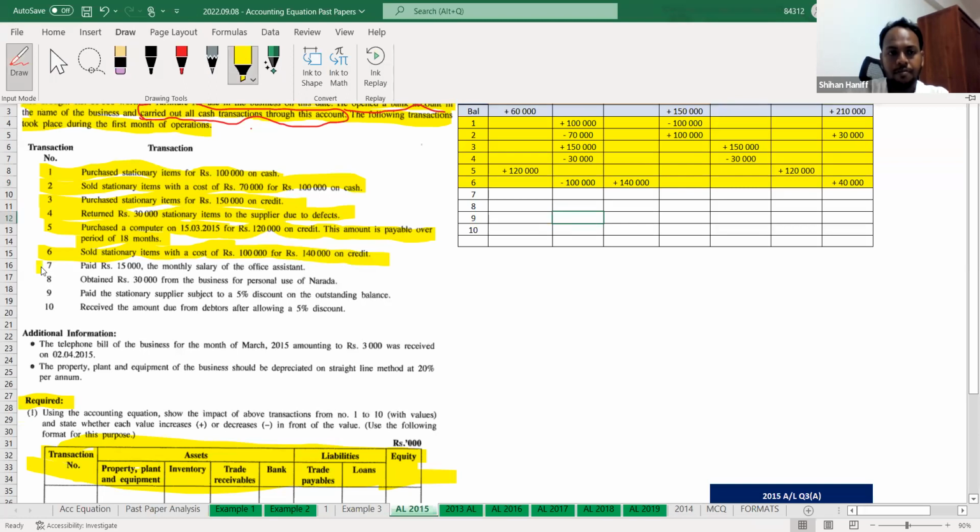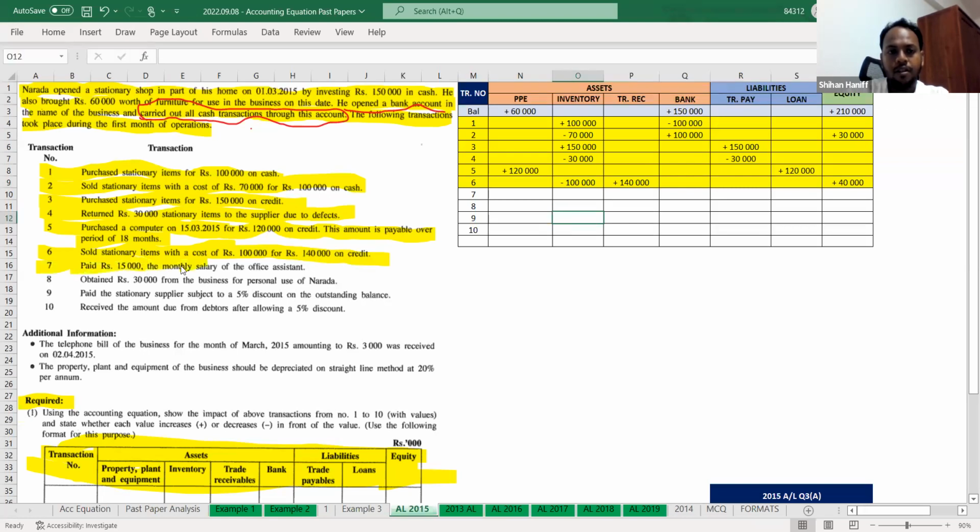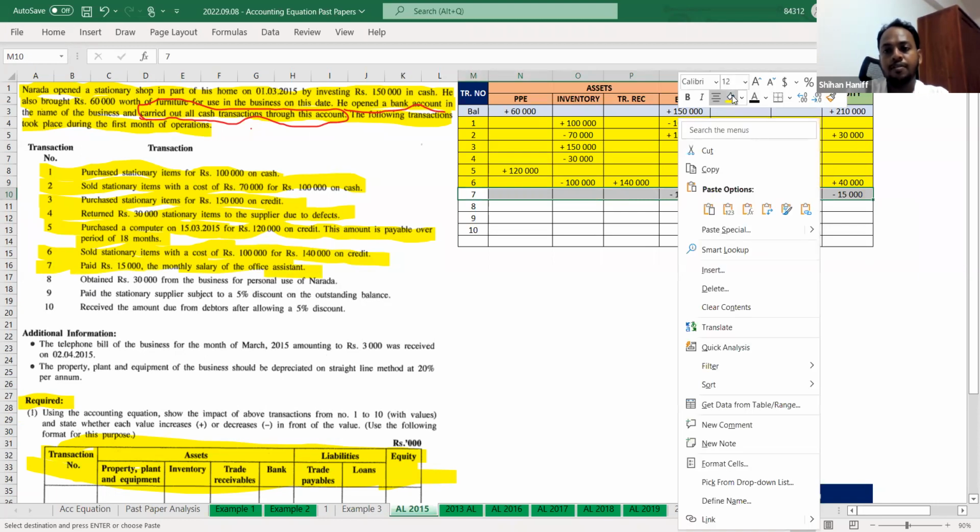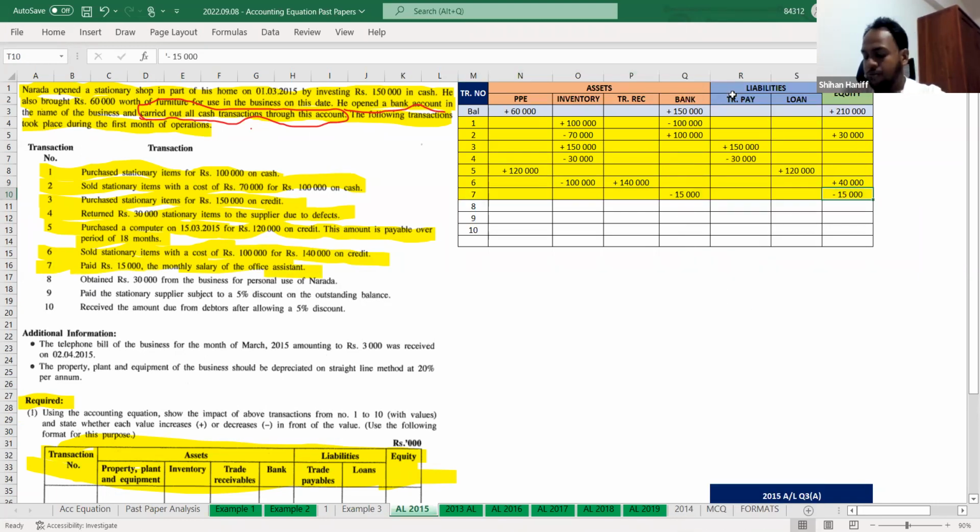Number 7. Paid 15,000, the monthly salary of the office assistant. If we pay salary, the bank balance will reduce and the equity will reduce since it is an expense.